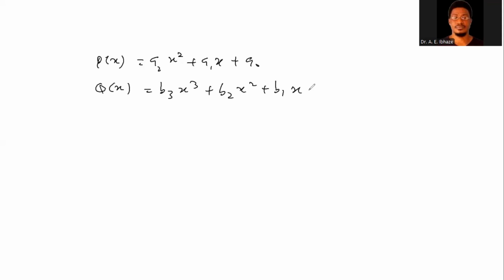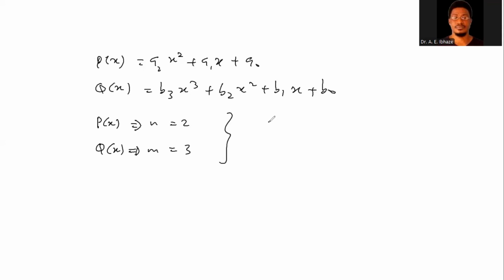So now we'll consider P(x) being the same as a2 x squared plus a1 x plus a0, and Q(x) to be the same as b3 x cubed plus b2 x squared plus b1 x plus b0. So in this case, the polynomial P(x) has degree n equal to 2, and then Q(x) has polynomial degree m equal to 3.